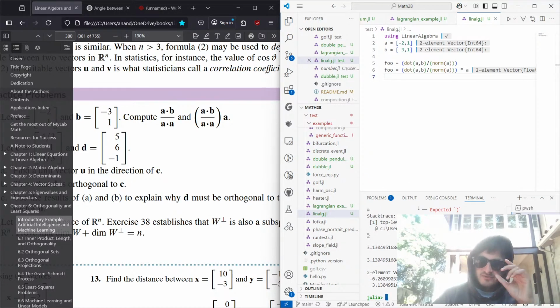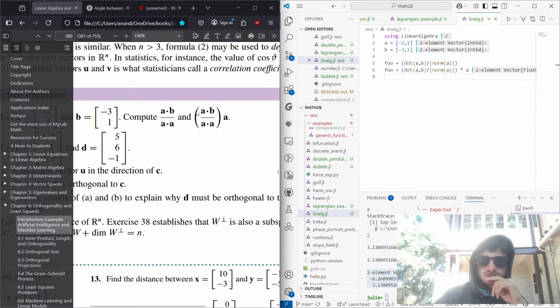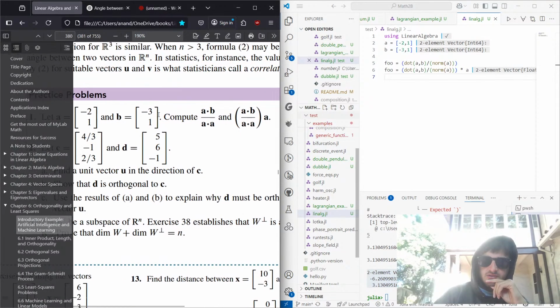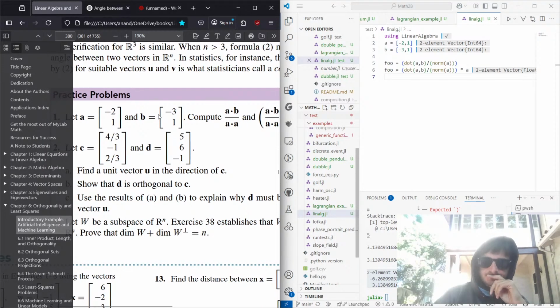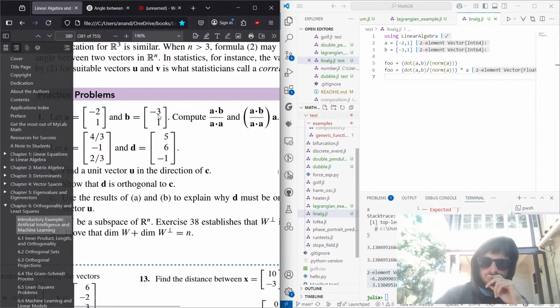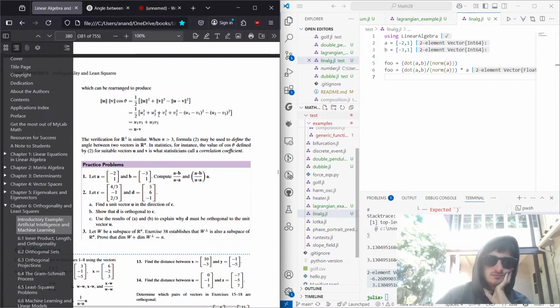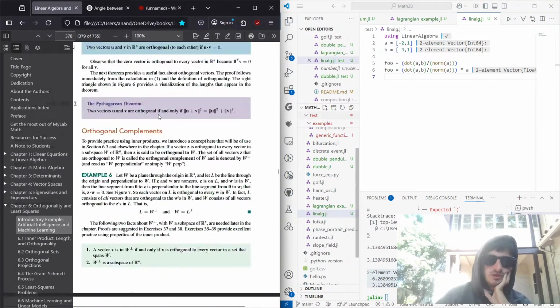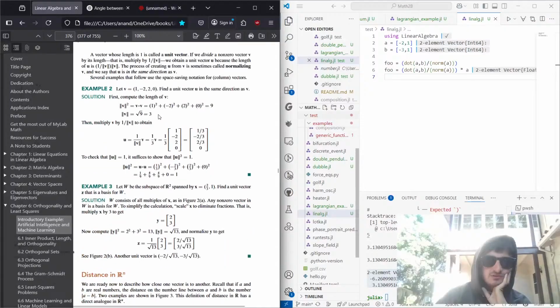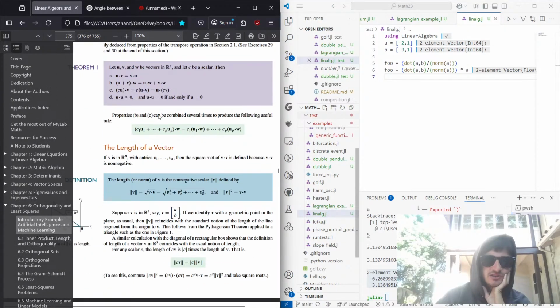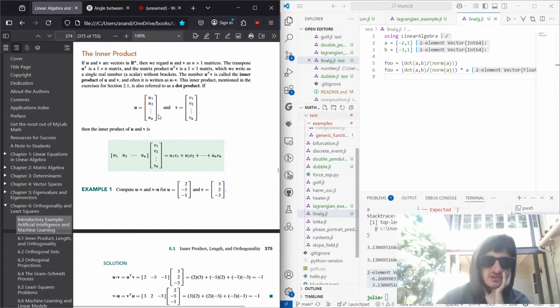So now what we've done is we've scaled it. I don't actually know what this quantity does. I read this whole thing and I don't understand geometrically what the dot product represents.